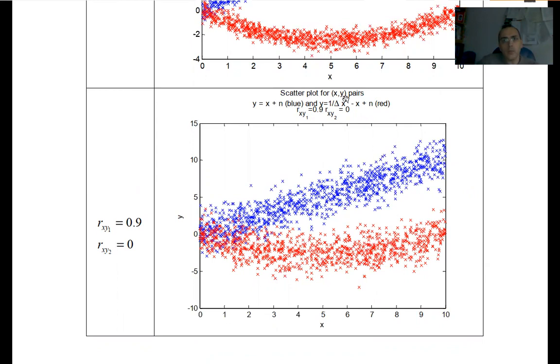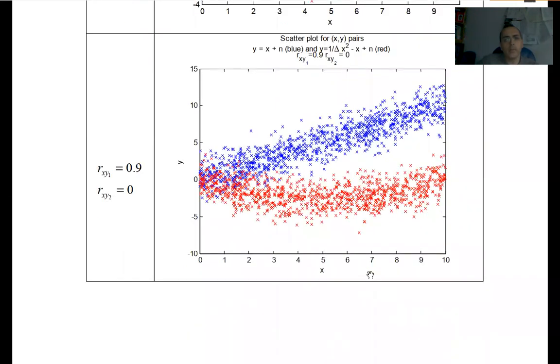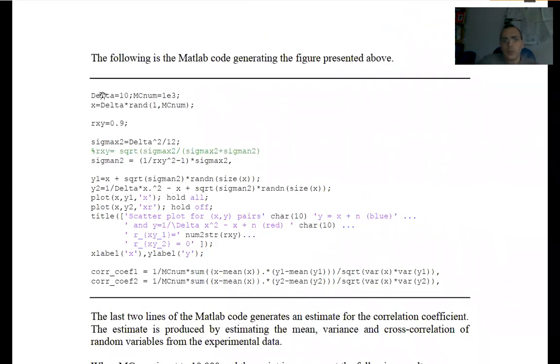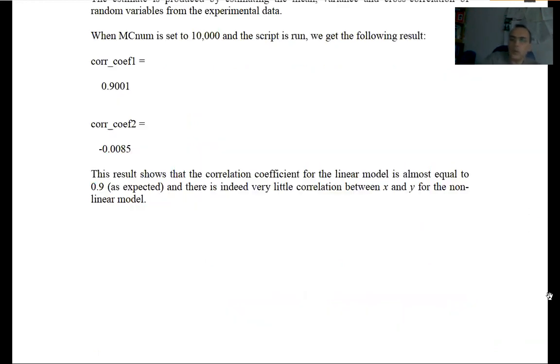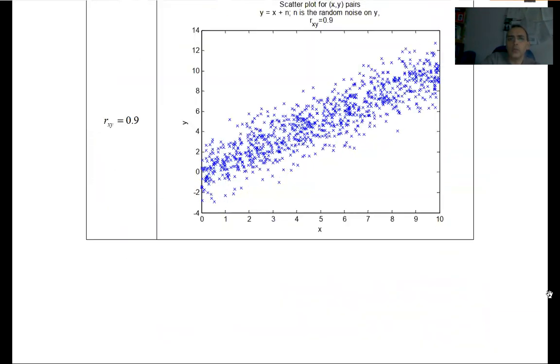So if x and y pairs are not linearly dependent, in a loose sense, then the correlation coefficient does not tell us the truth. It does not tell us the predictability of two random variables x and y. Okay, this is the MATLAB code for this part. But before the MATLAB code, I would like to go back to the very first slide.